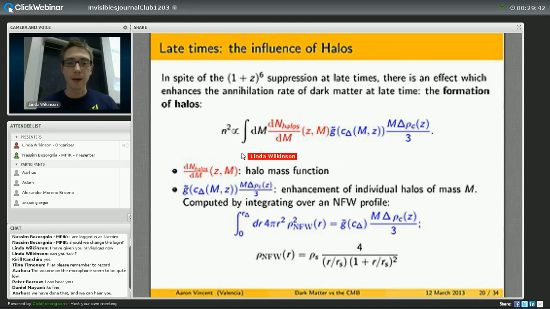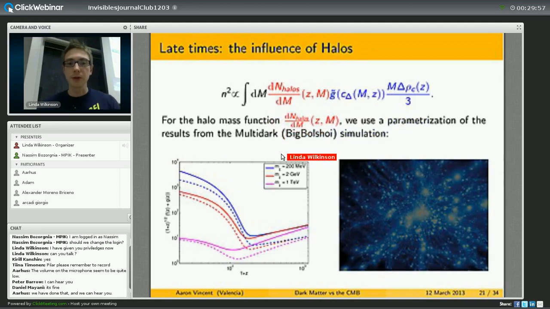Now, we use an NFW profile, which is a standard parametrization. And in practice, you need to use the results of an n-body simulation. So we've used the big Bolshoi, or the multi-dark simulation, which gives very nice pictures, such as the one on the right here. On the left, you can see the effect of this extra contribution to n squared.